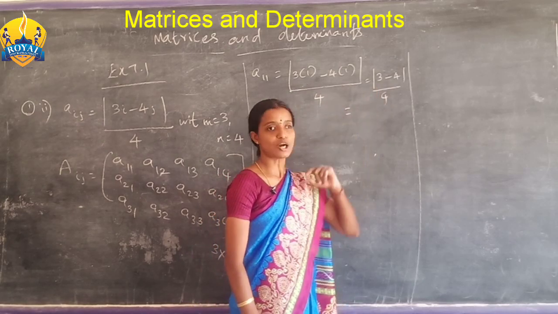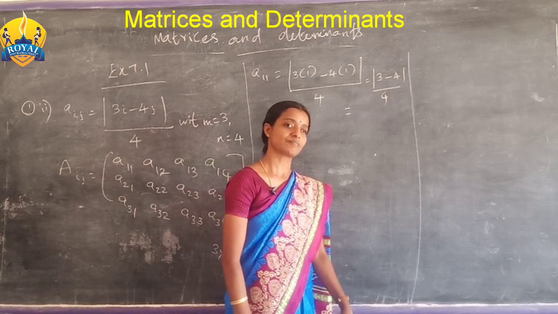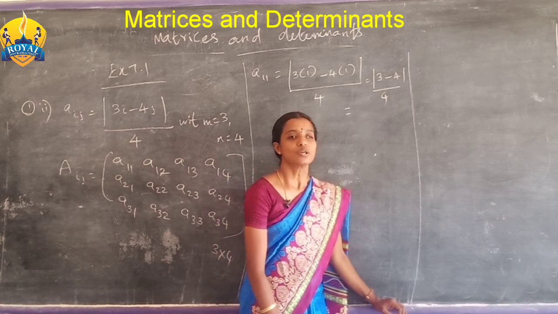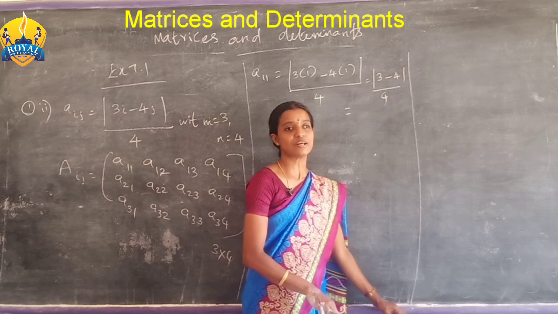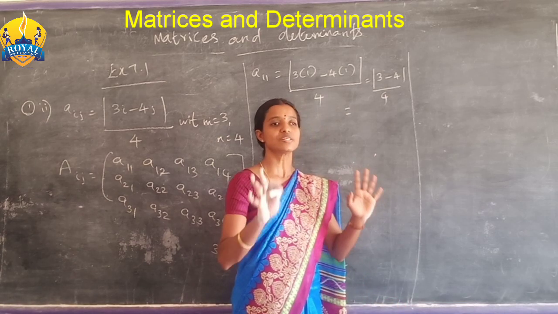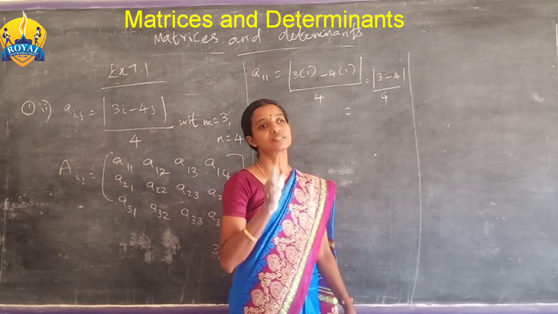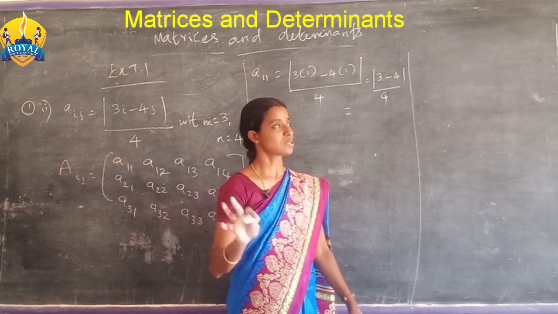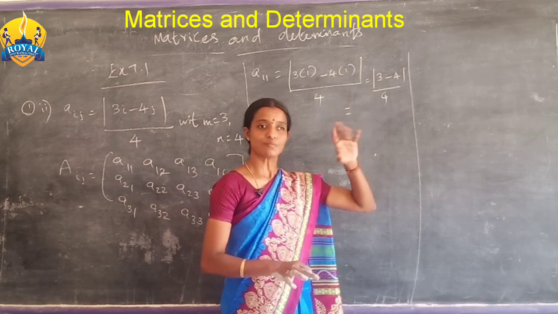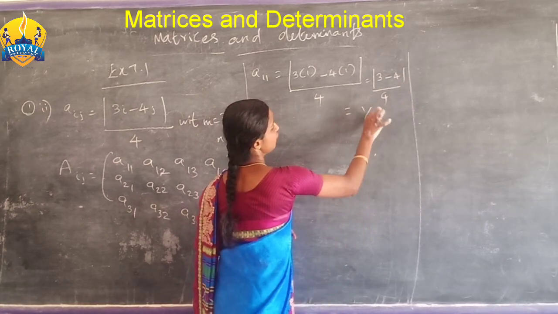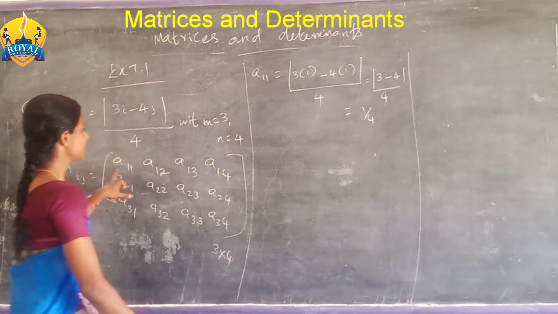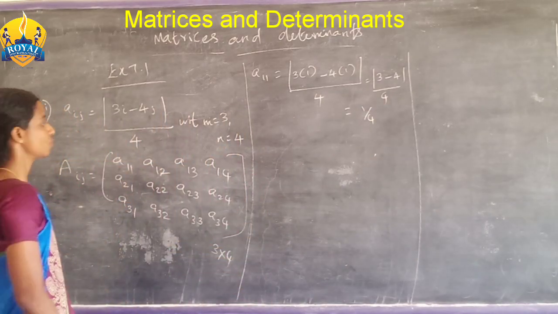But since I have modulus, what do you mean by modulus? Modulus is nothing but if I give a positive or negative value, the result is always going to be positive. So 3 minus 4 is minus 1, since I have modulus, plus 1. So 1 by 4 is my first value.